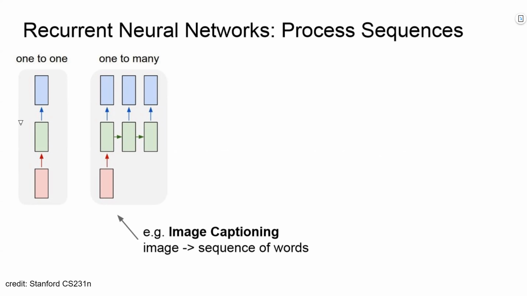However, the output can be a sequence. One example of that task is image captioning. Given an image, we want to generate the description of the image, which is a sequence of words. So here we get just one input and multiple outputs like this.